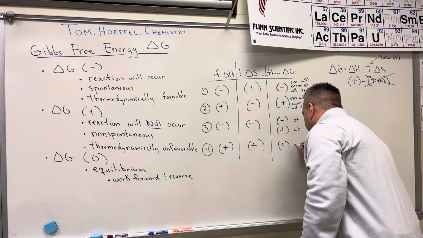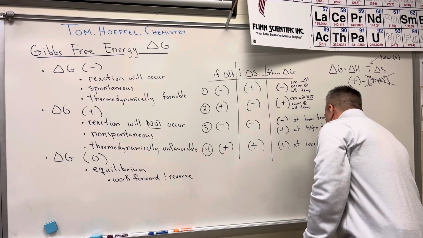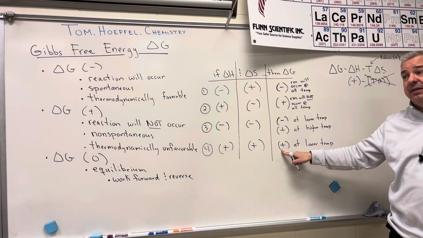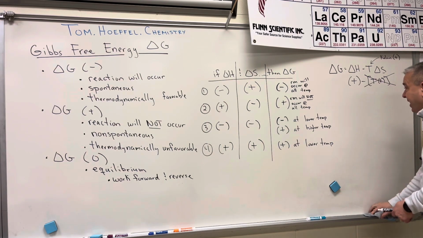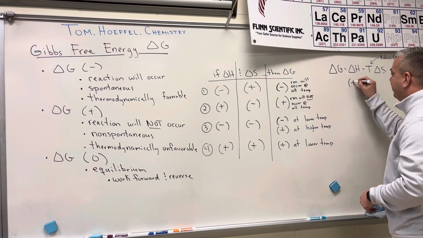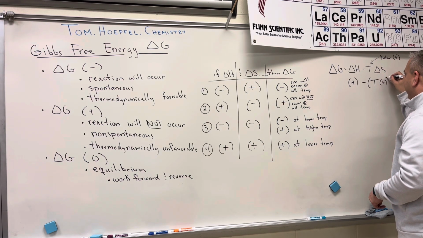So at the lower temperatures, this reaction will not work because delta G is positive, okay? But as the temperature increases, let's say I have a positive here minus T with the positive here, kind of like what I had.